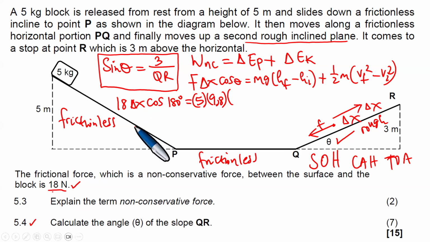Simultaneously, you have the mass is 5, 9.8. When it goes up, the final height is 3 meters. The initial height is 0.